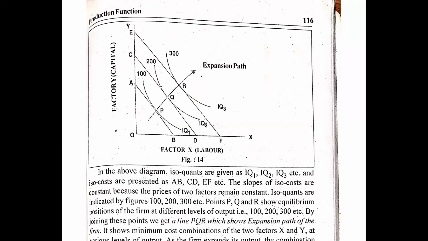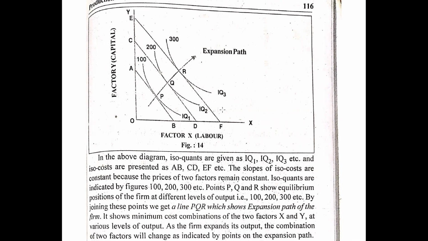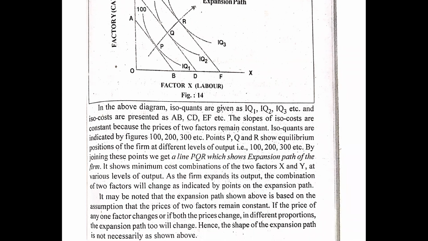You can clearly understand that when you use a certain amount of land and labor at point B, your production will be P. But when you use more labor and land, your production will be Q, that is 100 to 200 and then 300. So this is called expansion. Expansion means to extend something.